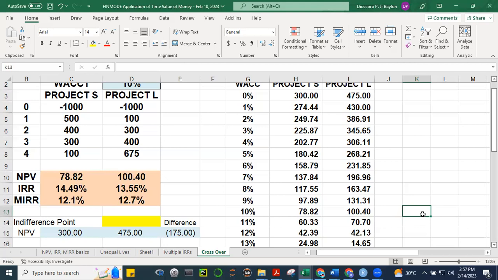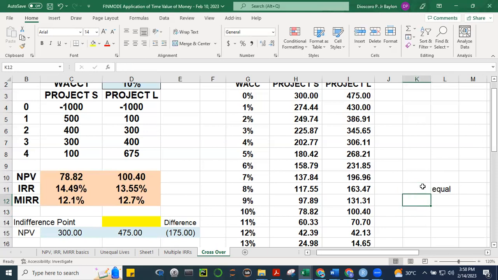Dapat yung NPV nila ano? Hello class, just give me one word lang. 5 letters. Class, ano? Dapat ano? Equal, di ba class? Equal dapat.